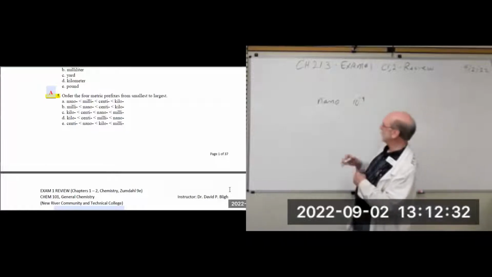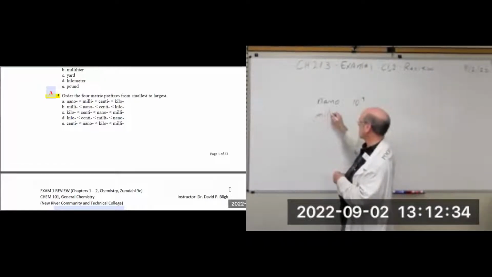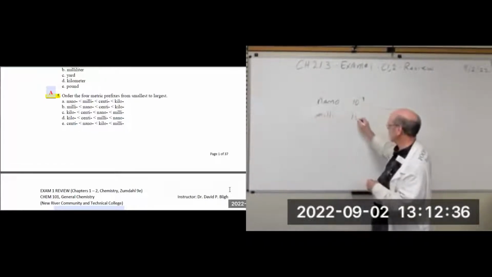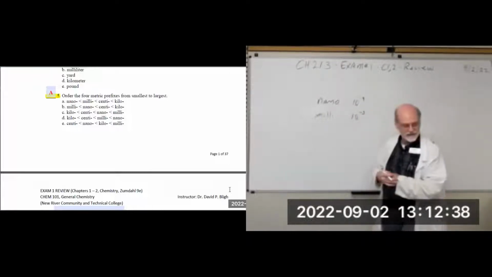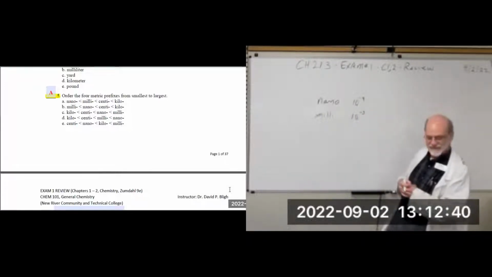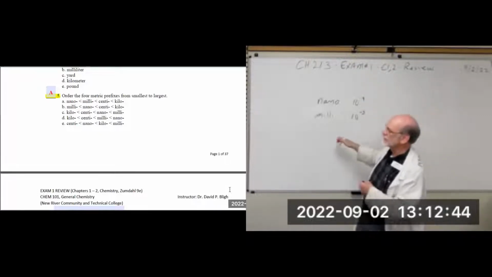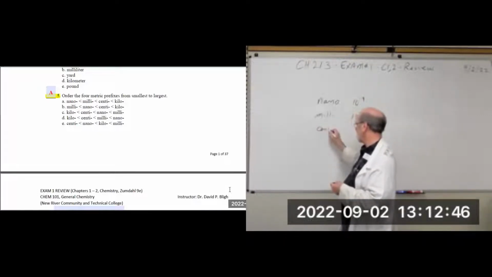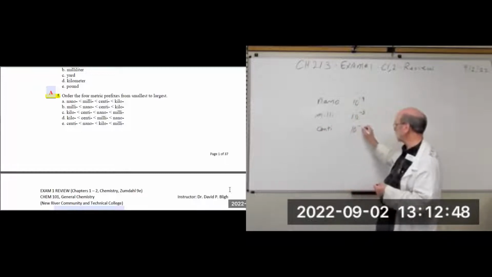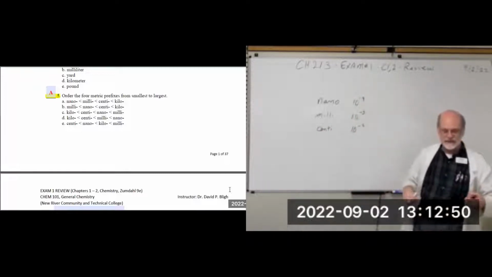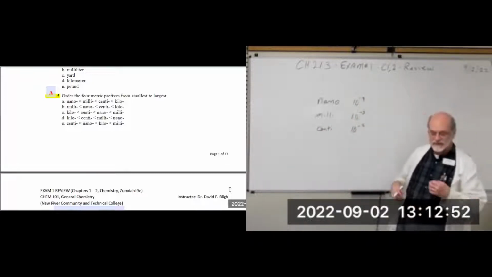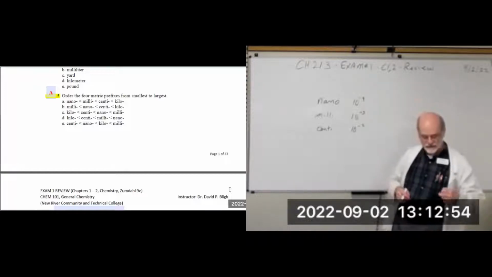Okay? Milli. That's 10 to the minus 3. Okay? This is a billionth. This is a thousandth. Centi. That's 10 to the minus 2. Centimeter. A centimeter is 1/100th of a meter.